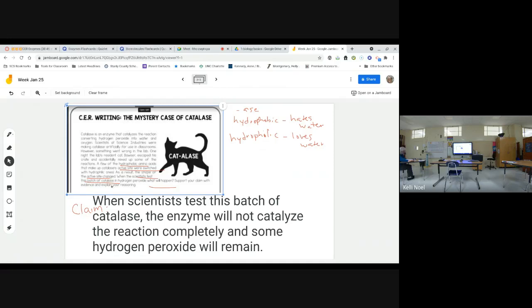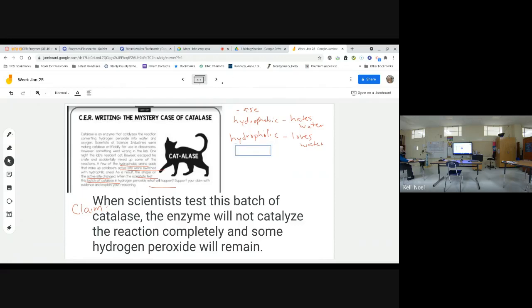So the amino acids are different. So the one piece of evidence, so if I come over here, let me get another text box. I'll put my evidence.